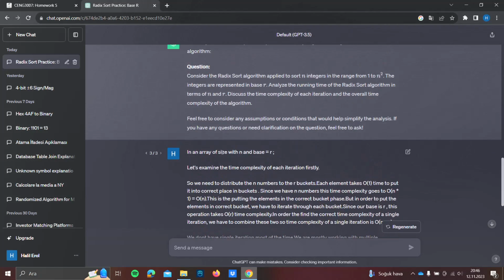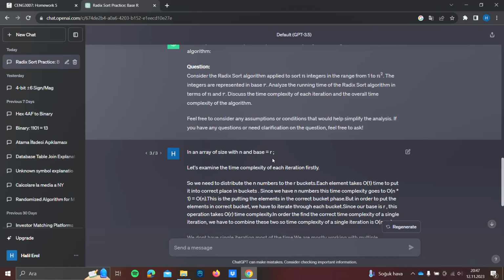In an array of size n and base r, in radix sort we are putting the digits of each number in the correct bucket. We have buckets. If, let's say, our r is 10, we have 10 buckets, and these buckets go from 0 to r minus 1.